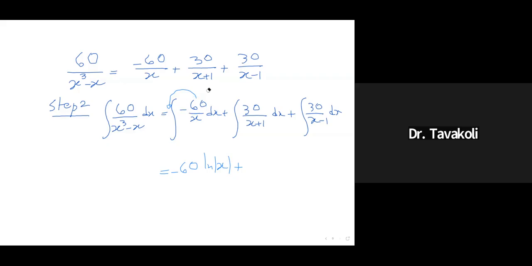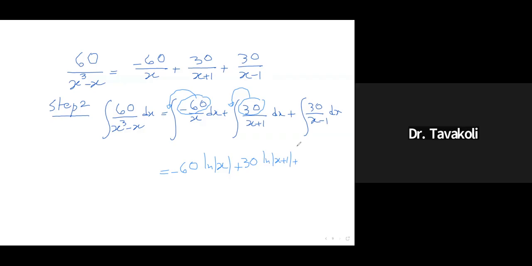So in the first integral, we just pulled out −60, which was a constant. And the integral of 1 over x is ln of the absolute value of x. In the second integral, 30 is a constant, can be pulled out. And the integral of 1 over x + 1 is ln of the absolute value of x + 1.